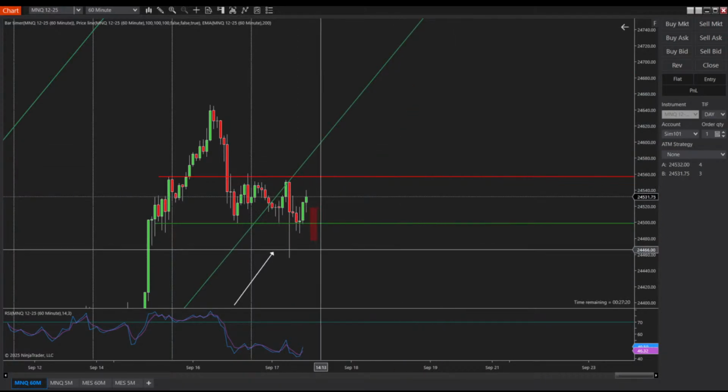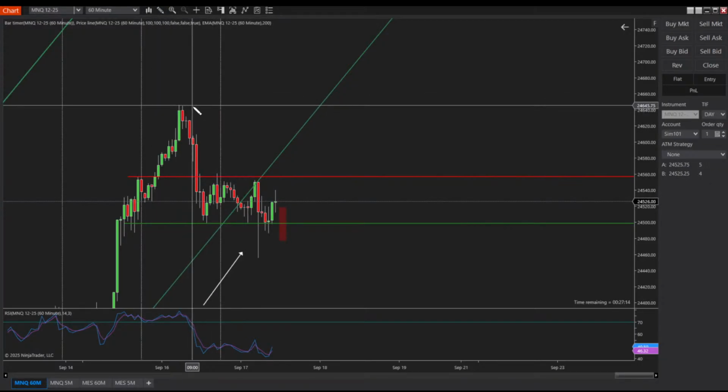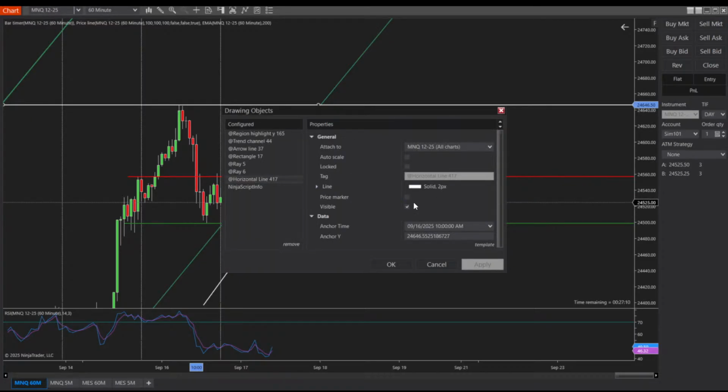Okay. Another thing I want to do is mark previous day high right here. It's gonna be on previous day high. Lock that in place.